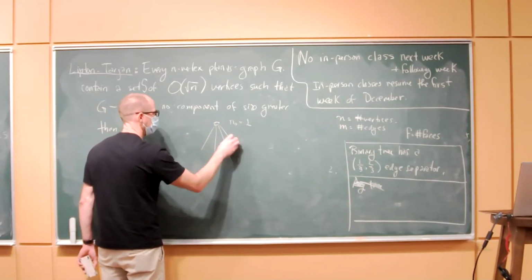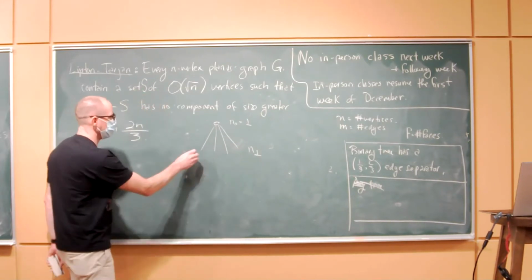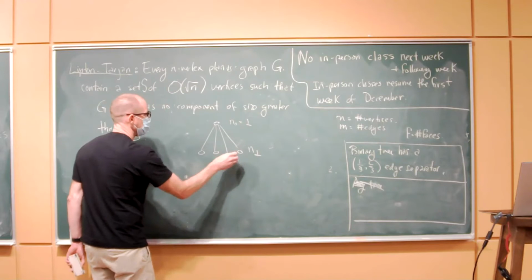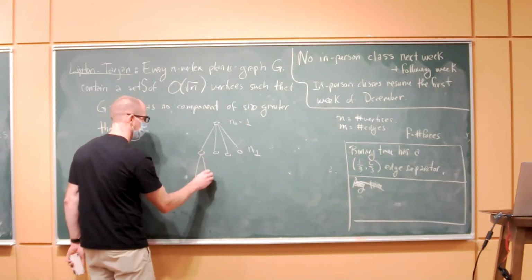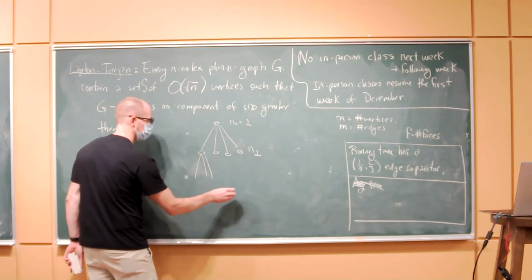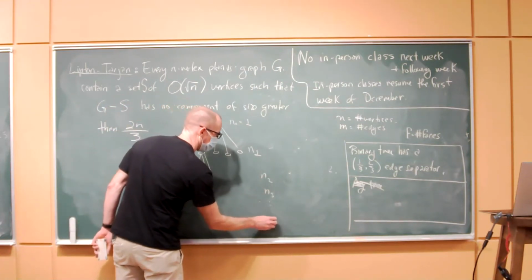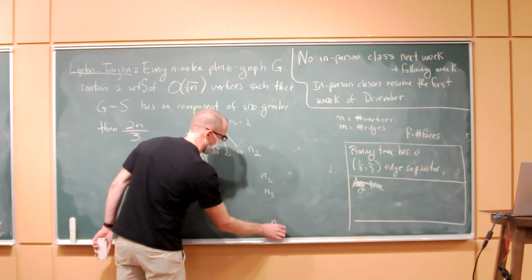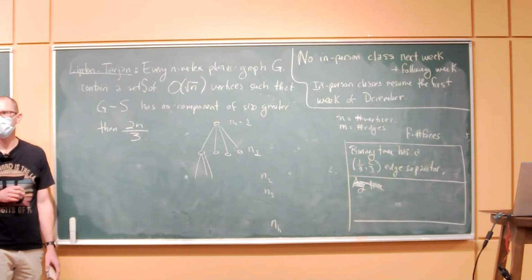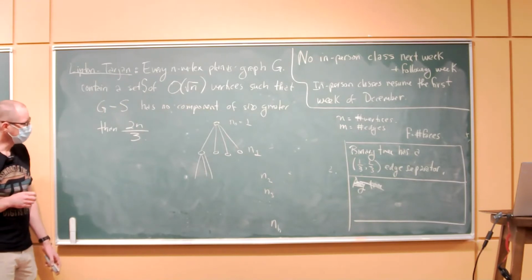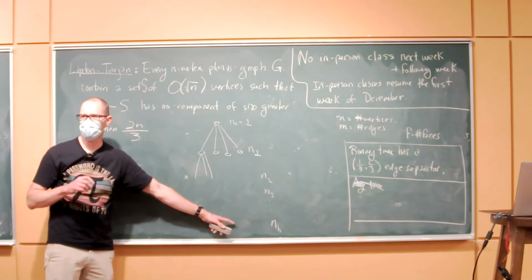But then here we have some number n1 of vertices, which happens to be the degree of the root, and then we get some n2, n3, and so on, all the way up to nh for some number h. Okay. And if I add up all those numbers, I just get n, the number of vertices in the graph.